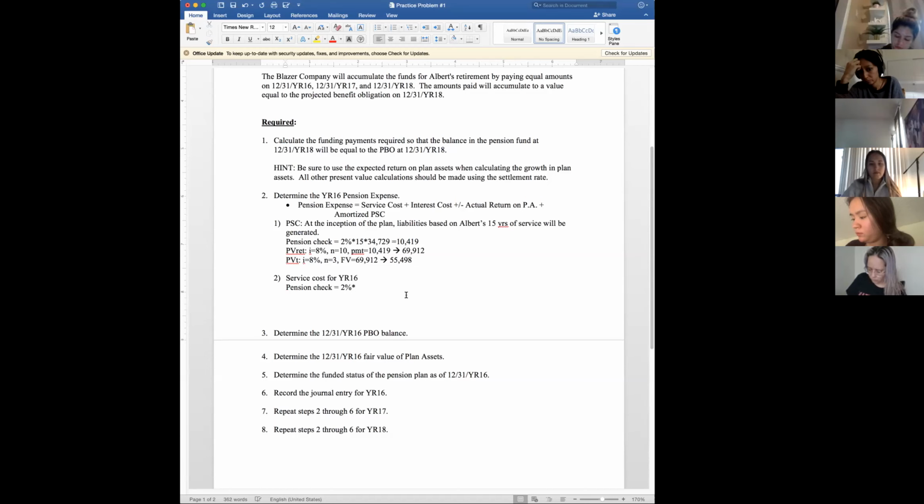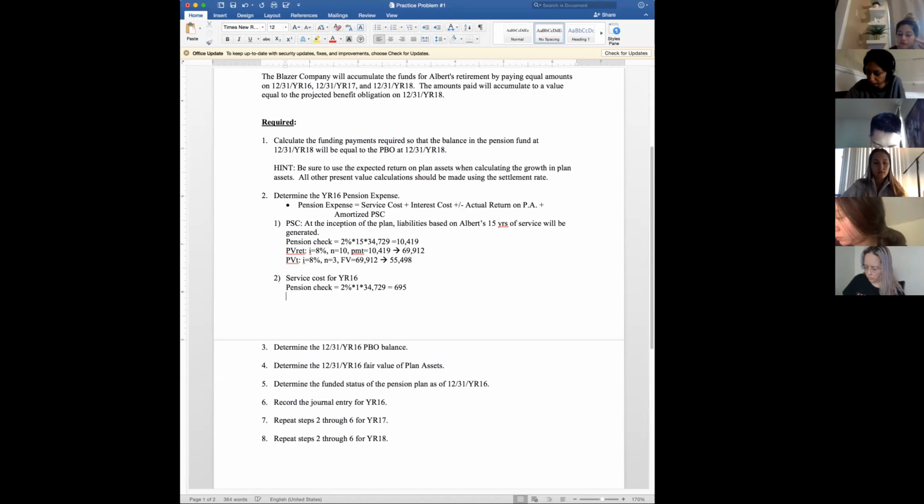So in the pension check, how many years of service will go in there? Just one, right? For year 16. Multiplied by the final salary, 34,729, and therefore the pension check is 695. So based on Albert's service for year 16, his pension check is 695.